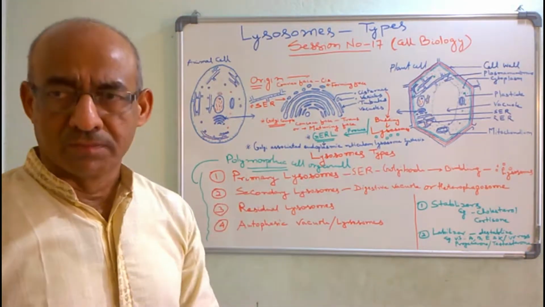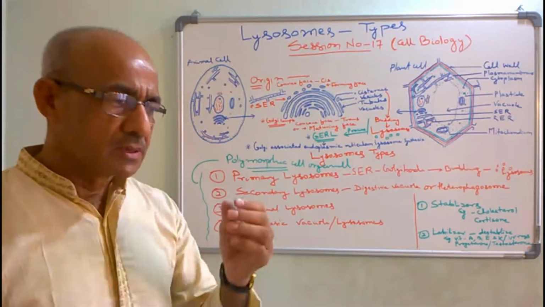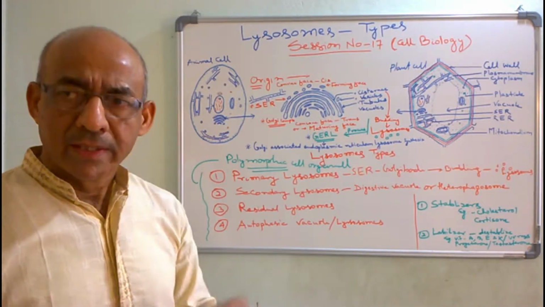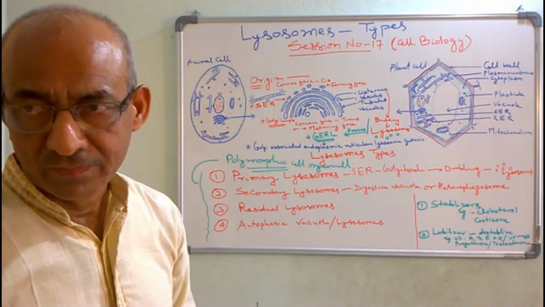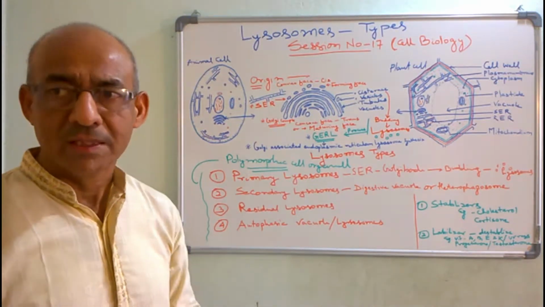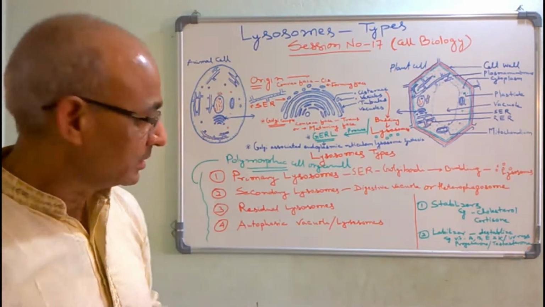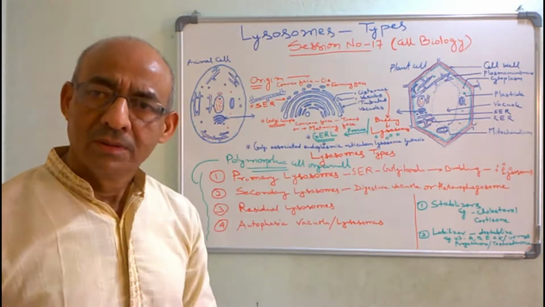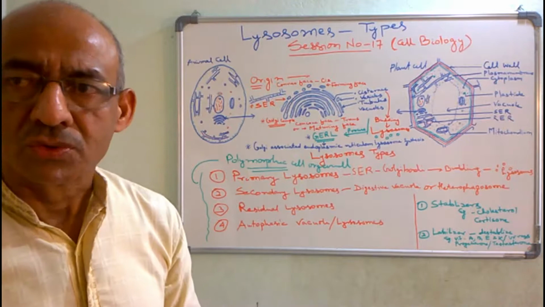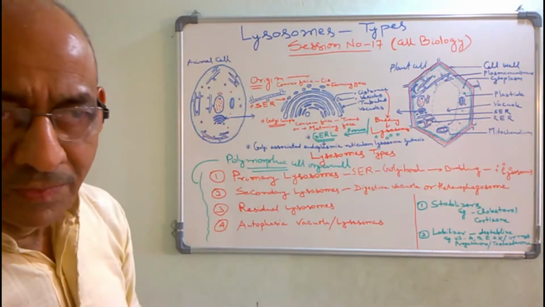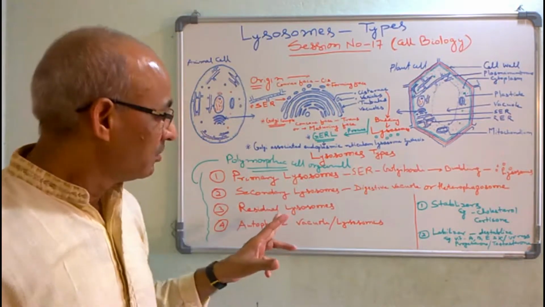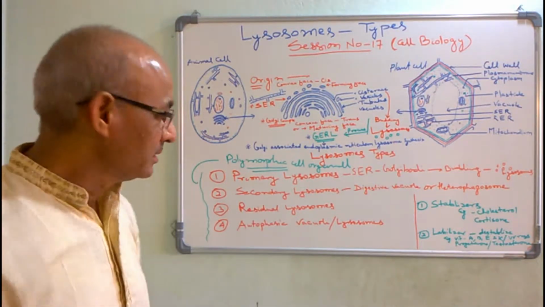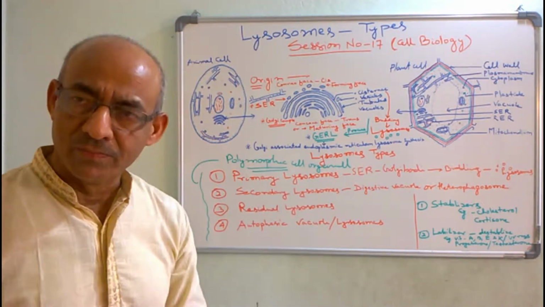After digestion, certain materials are left undigested. That means after digestion, certain materials are residual inside the body of the lysosomes. So this form of lysosomes is called the residual lysosome.